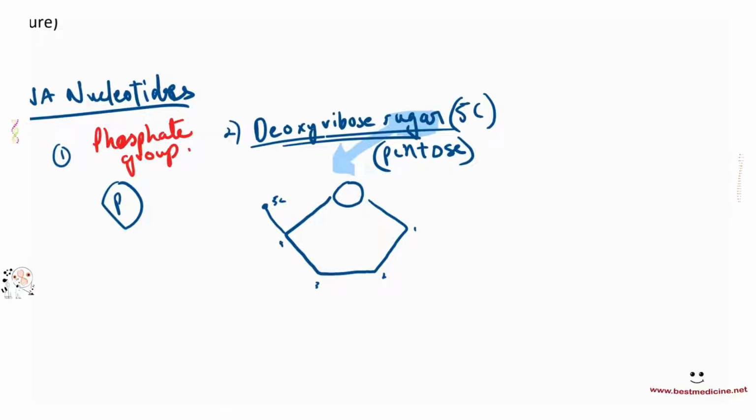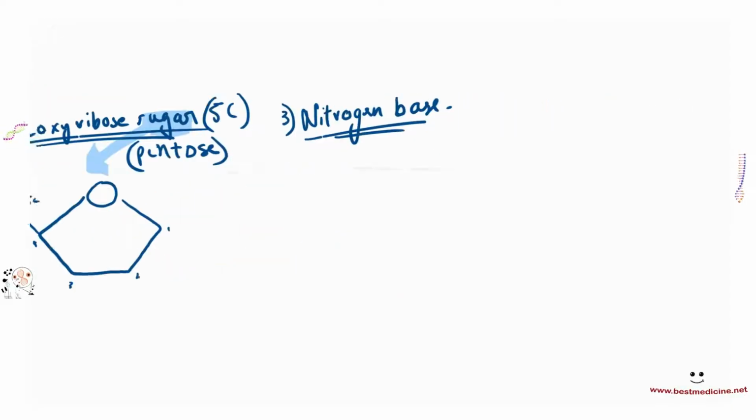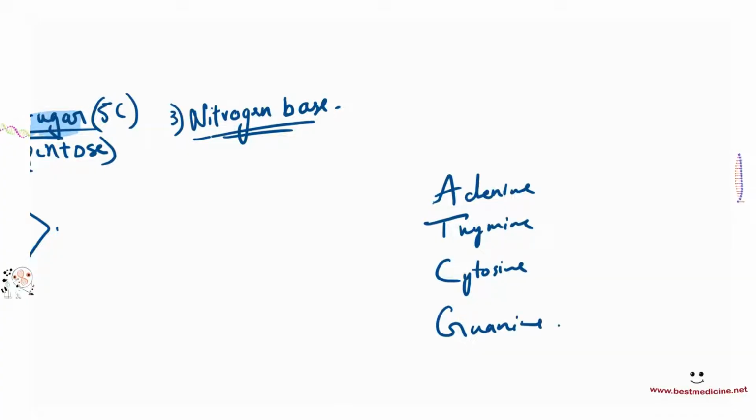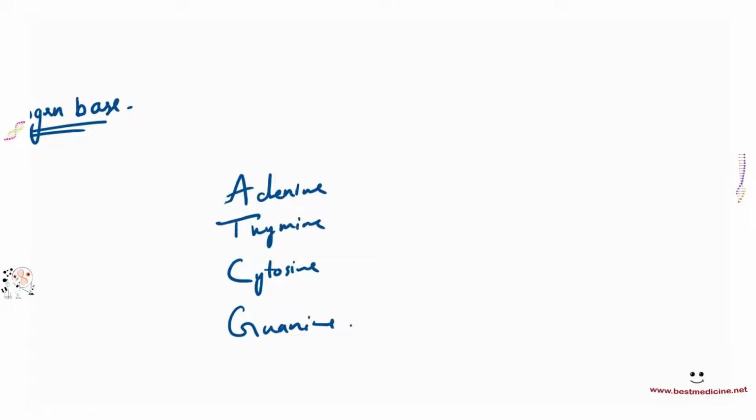The third and final thing that is present in a DNA nucleotide is something called a nitrogenous base, right? A nitrogen base. And these could be any from adenine, thymine, cytosine, or guanine, okay? While in RNA, which is another particular molecule, I want to add this a little bit.